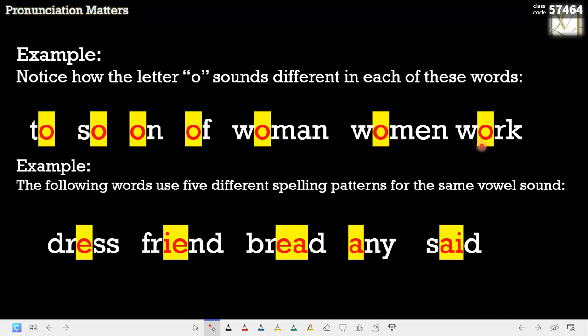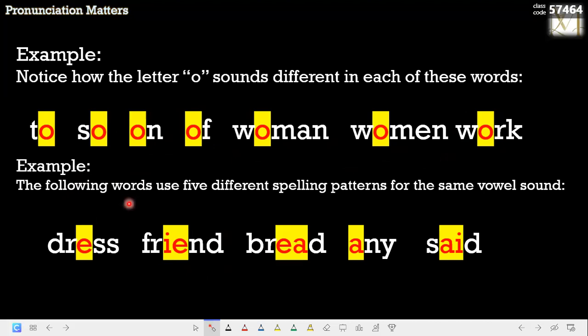And also here, the O is pronounced differently because of the letter R. After the O, there is R. So we say work, not work. We say go to work, okay?